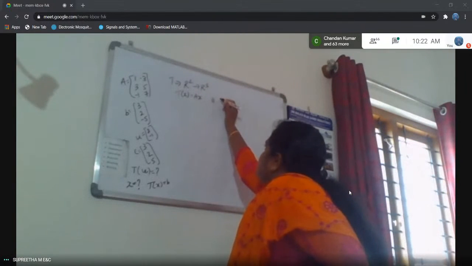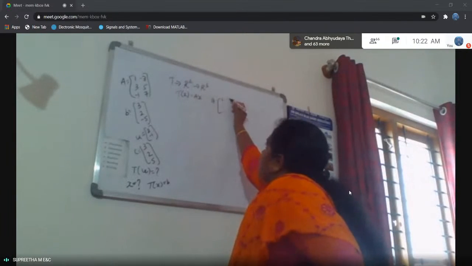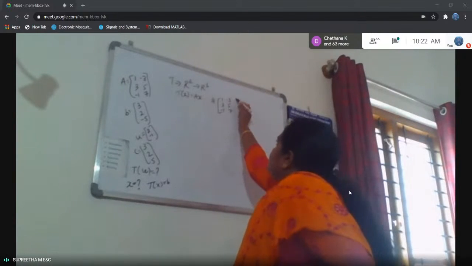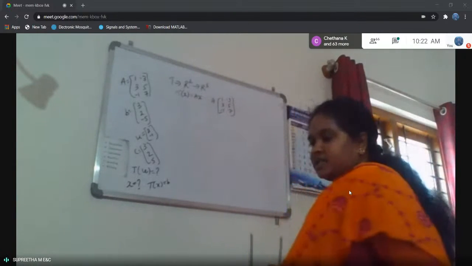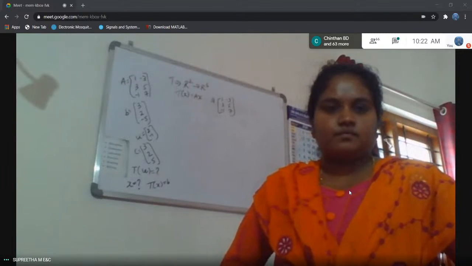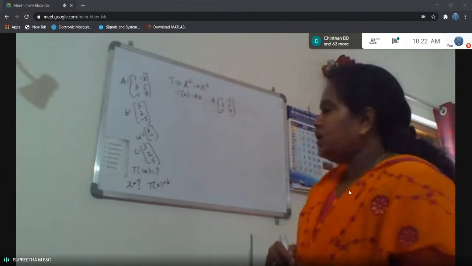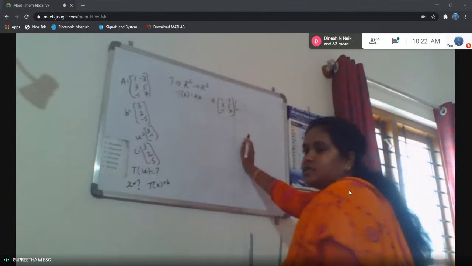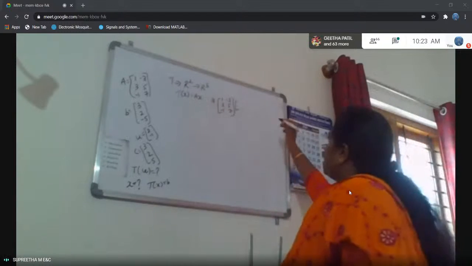That means take the matrix A with rows 1, minus 3; 3, 5; minus 1 and 7. And how many elements are there in the vectors of the domain? There are only two elements in a vector because it is a two-dimensional space, that is, it is R2.